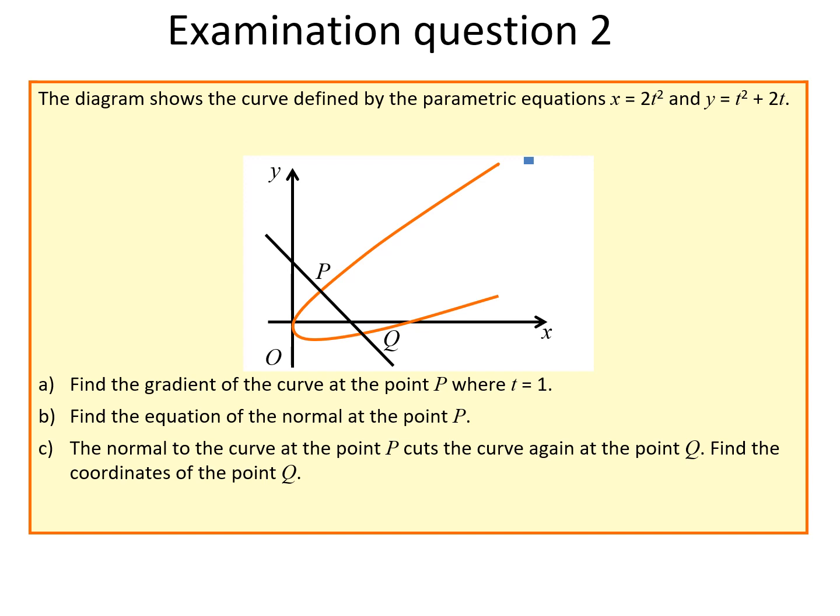Find the gradient of the curve at the point where t is 1. Where's t equals 1? We can't see it on the picture. Oh, it is P here. This must be where t is 1. And find the equation of the normal at the point P.